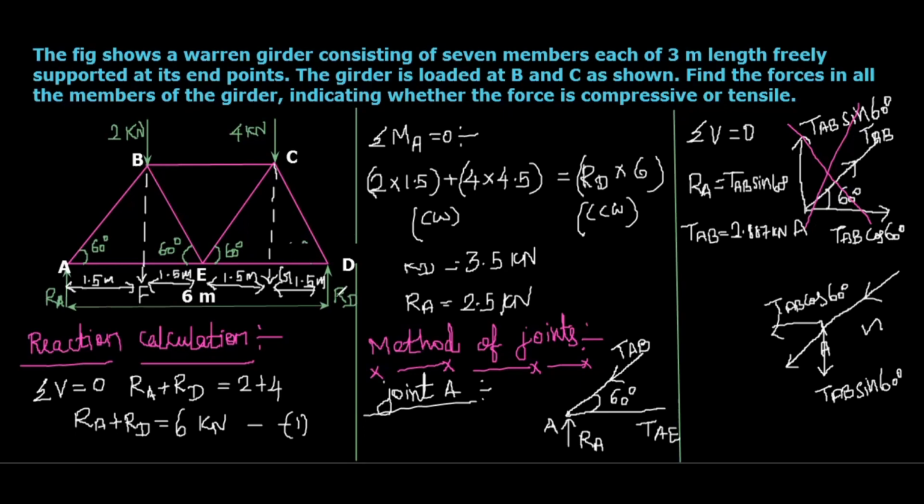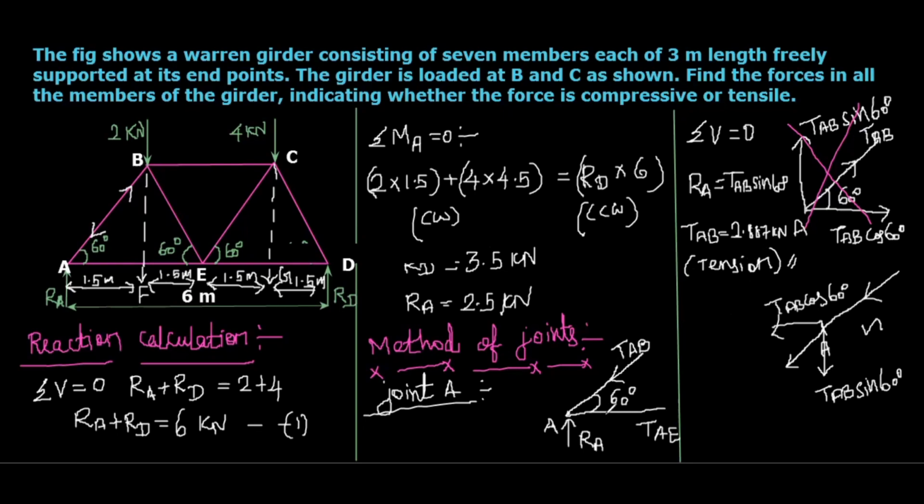That means this is going to act inwards to the joint A, and the same inwards to the joint B also. So the tension forces in the member AB tend to pull the member AB, so this will be tensile in nature. So TAB we calculated.